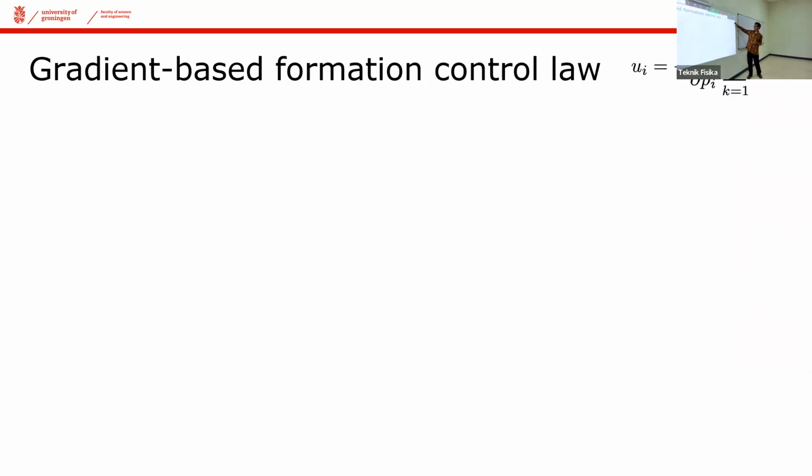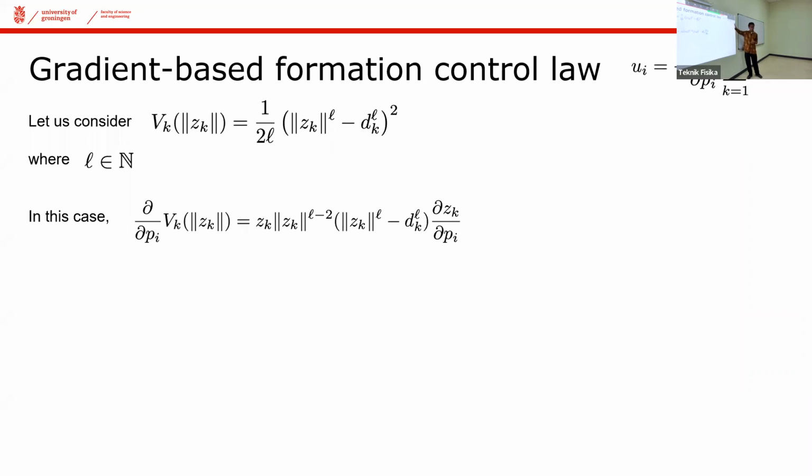So this is a very nice result. For that, let's take a look at how it would look for particular potential functions. One of the simplest potential functions is like this one. L can be any number. You can take it 2. If you take L equal to 2, that is the standard Euclidean distance, or Pythagoras' law, if you like to imagine it.